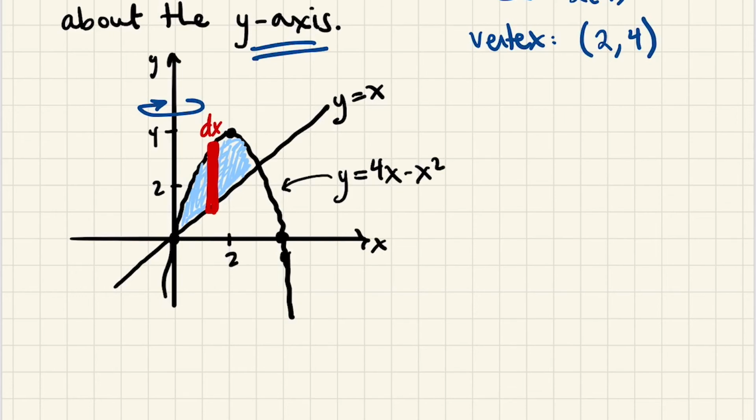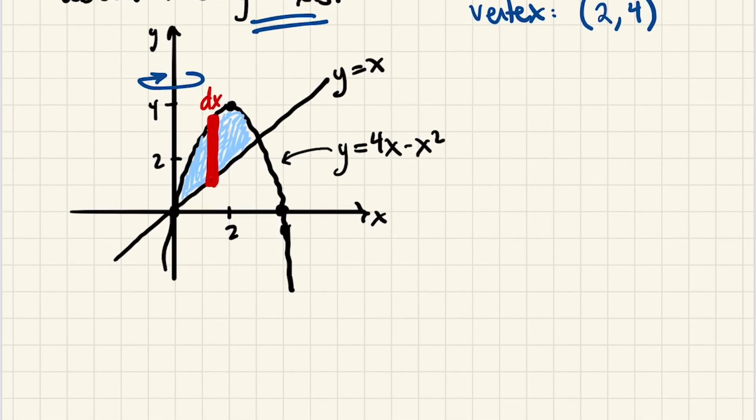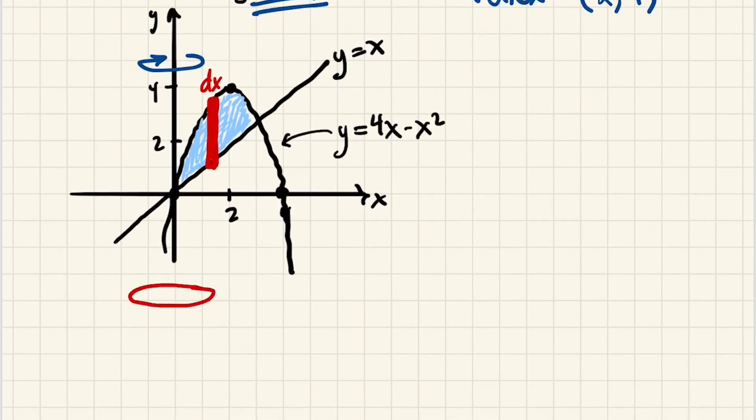So if we rotate this around the y-axis, we will get the shape of a cylindrical shell. So we're going to use the shells method. There's a little mnemonic that a former calculus student brought to my attention a couple years ago, which is once you draw your sample rectangle, if it's parallel to the axis of rotation, then use the shells method.